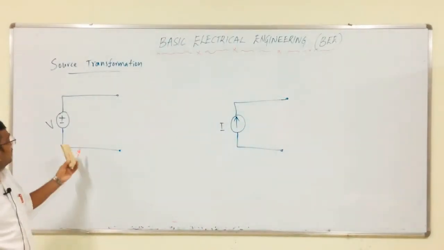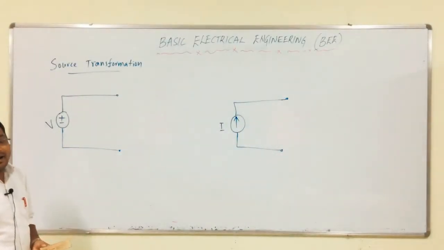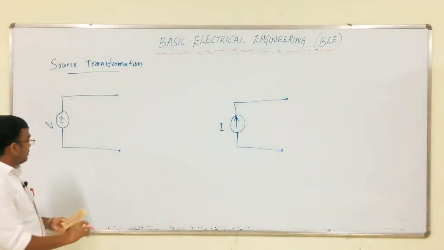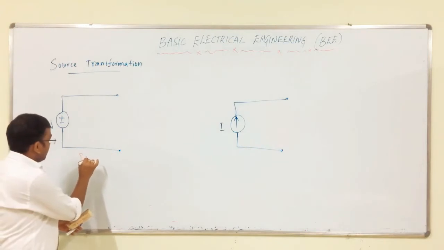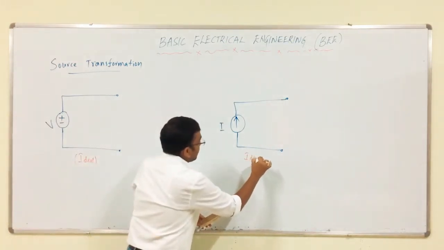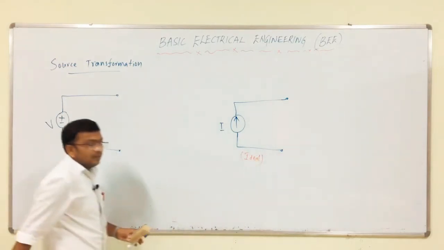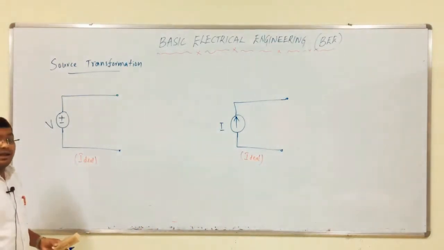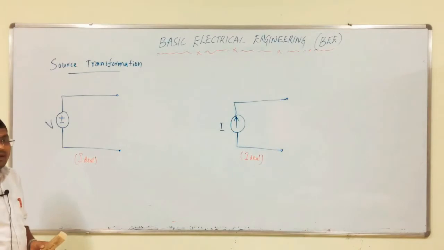That is it. So, ideal voltage source, ideal current source. Then this is also ideal. Then what is practical voltage source? Then what is practical current source?